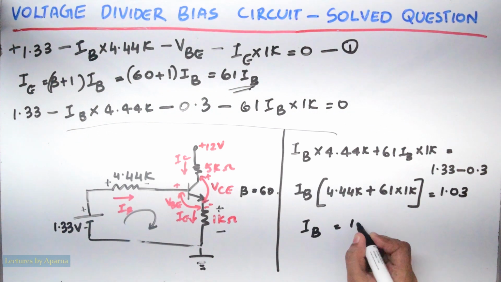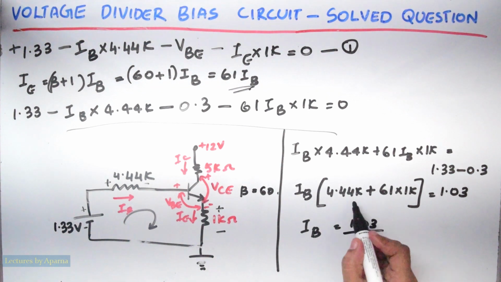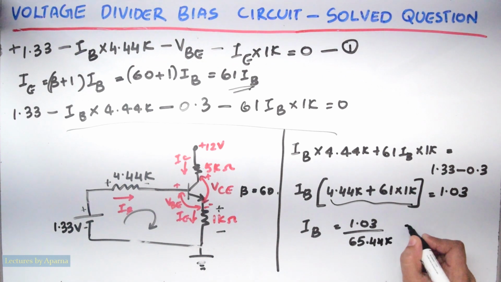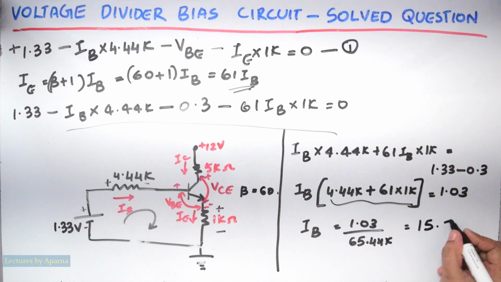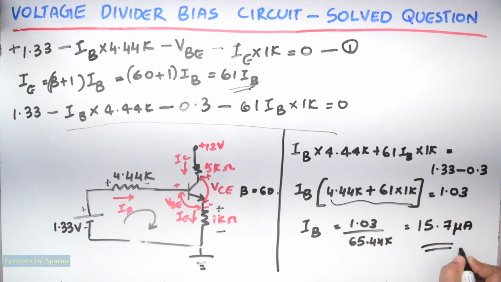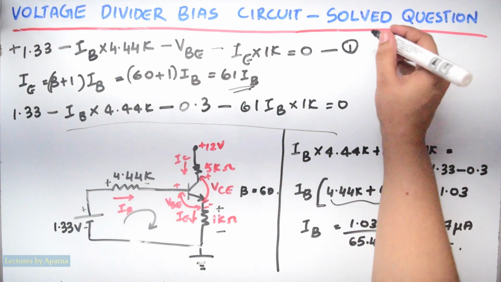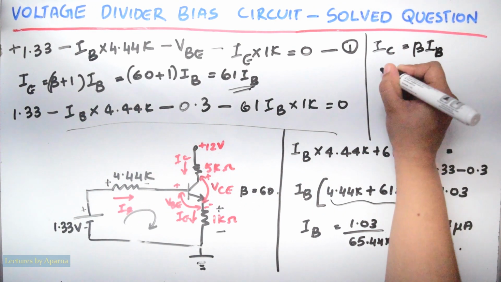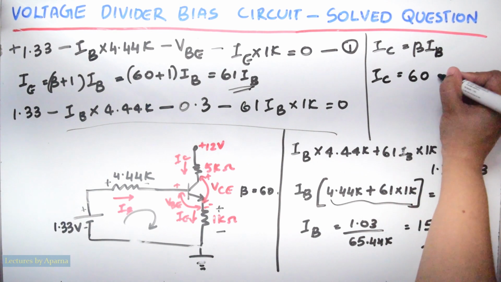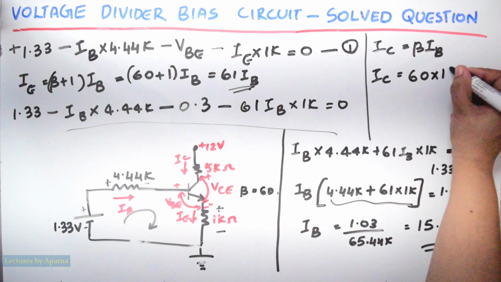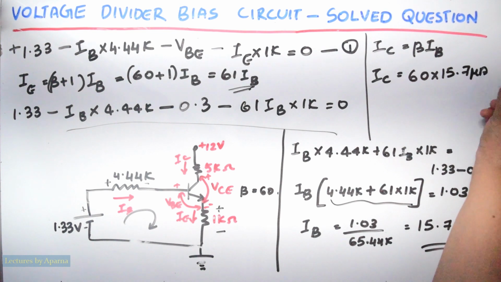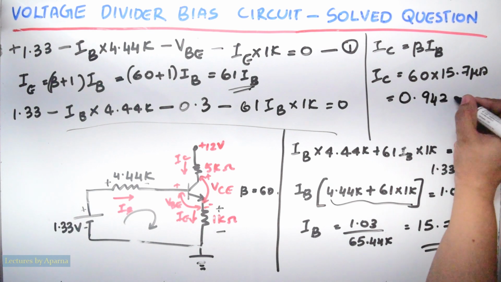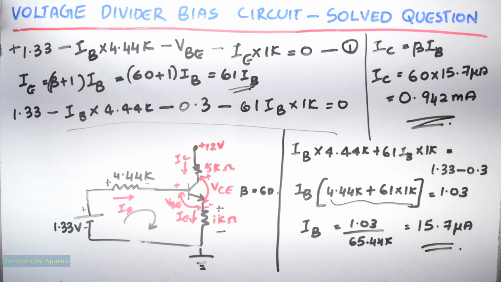IB is equal to 1.03 divided by this value, which will be equal to 65.44K, and you will get it as 15.7 microampere. Now we have to find IC. IC is equal to beta IB. IC is equal to 60 into IB value 15.7 microampere. So you will get IC is equal to 0.942 milliampere. So we got IC.